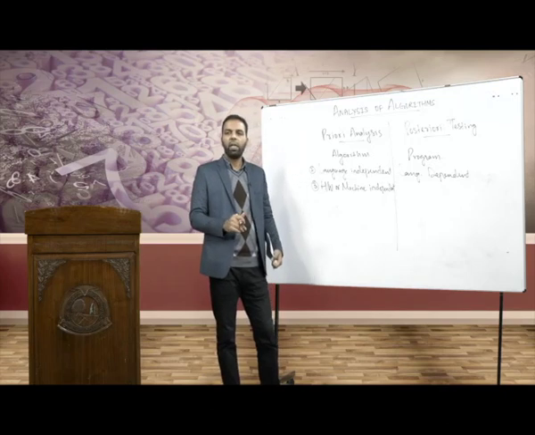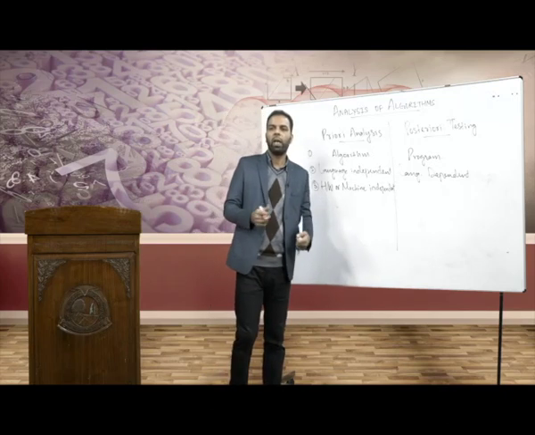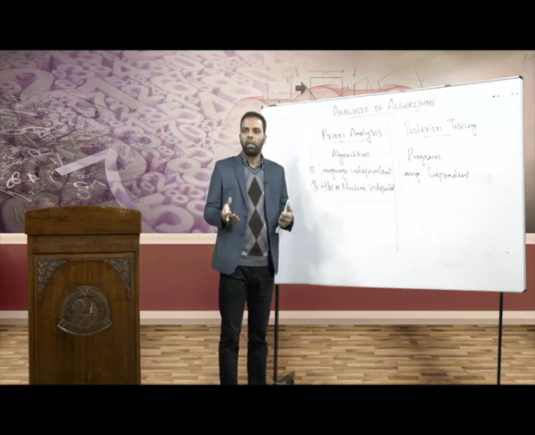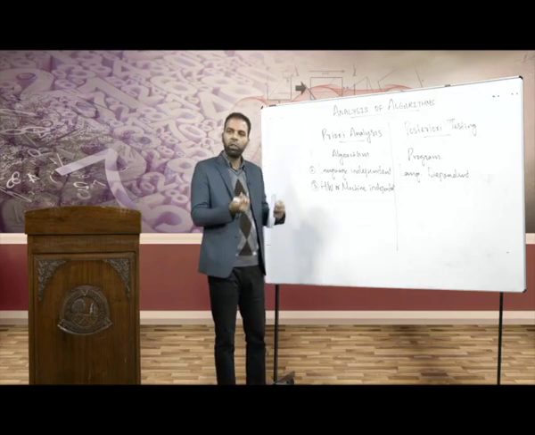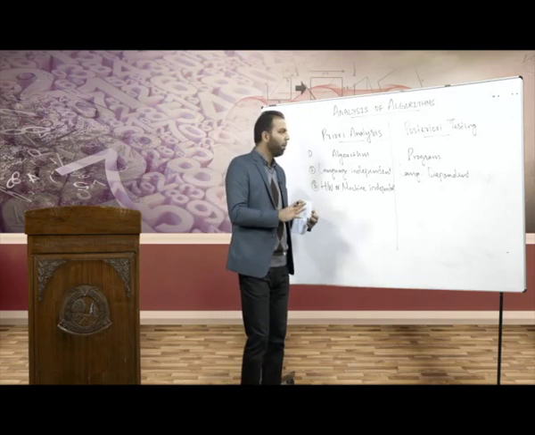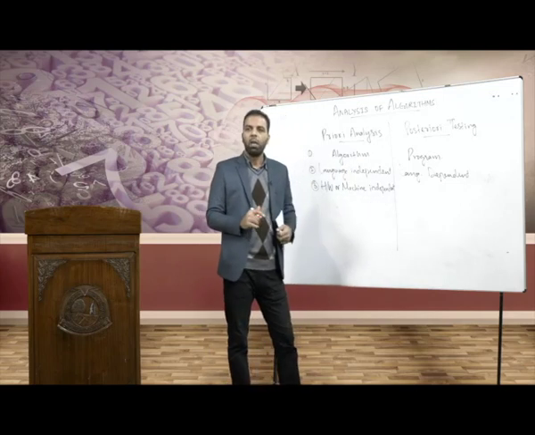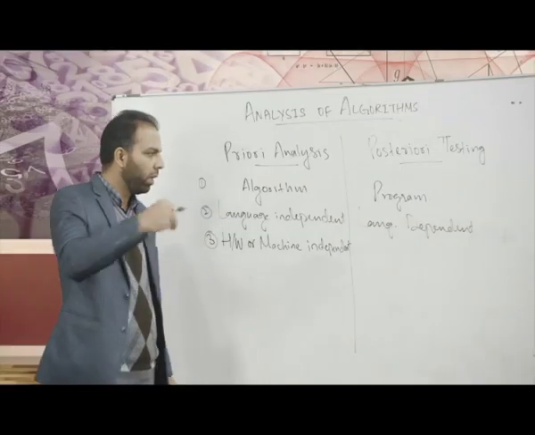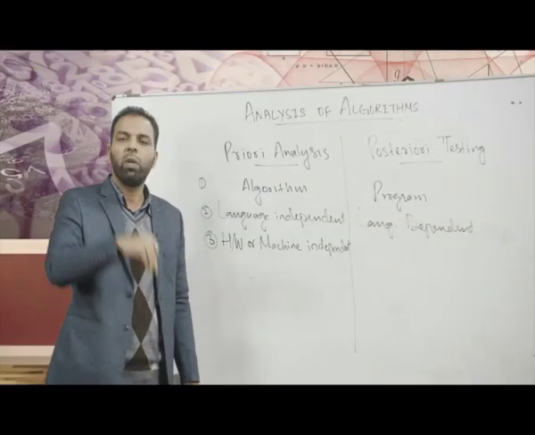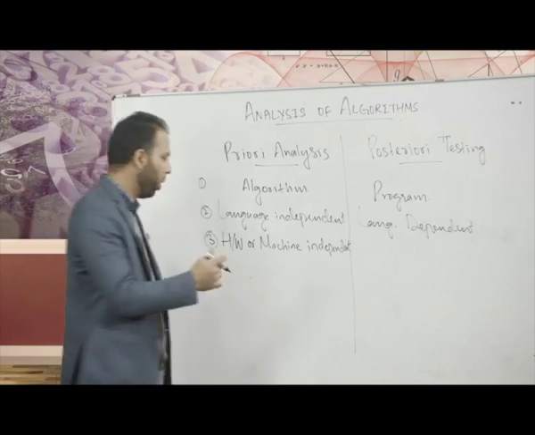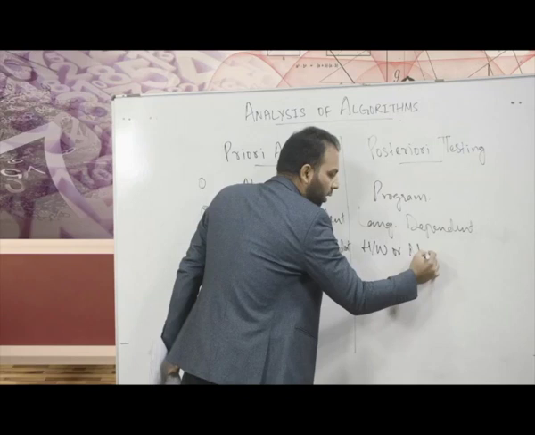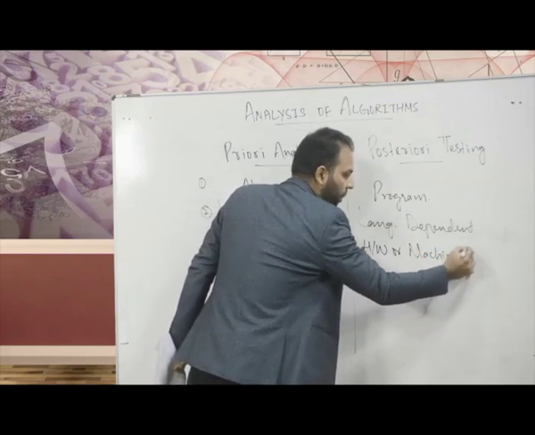So if you have, say, 10 algorithms, you can easily analyze them using prior analysis. You don't need to worry about the types of machines, because we know that for all those 10 algorithms we have a conventional machine. But with posterior testing, we are writing a program in a particular language and executing it on some machine. So it will be hardware or machine dependent.